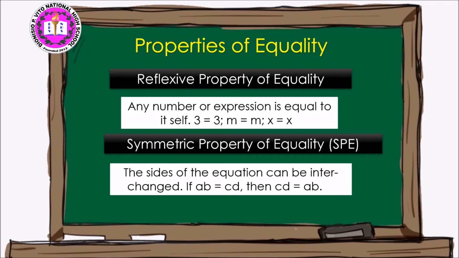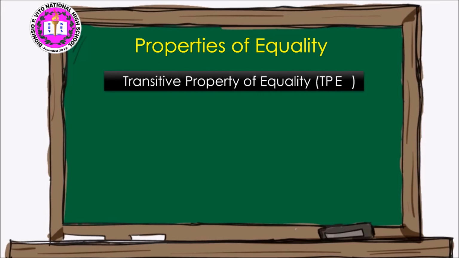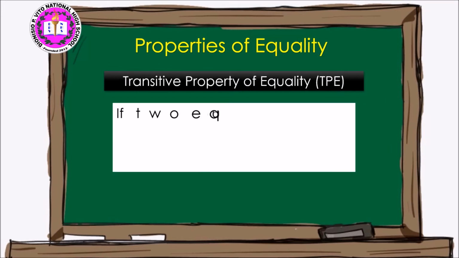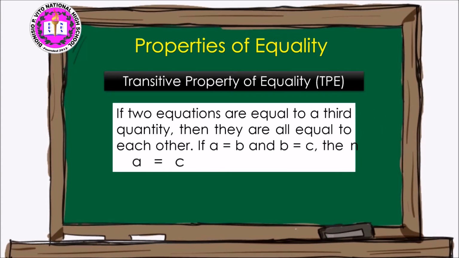If ab is equal to cd, then cd is equal to ab. The next property is the transitive property of equality, or TPE. If two quantities are equal to a third quantity, then they are all equal to each other. If a is equal to b and b is equal to c, then a is equal to c.